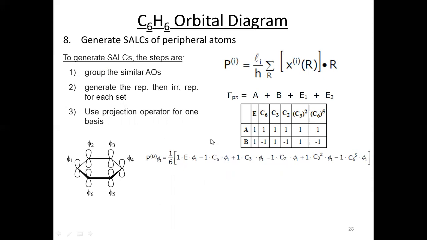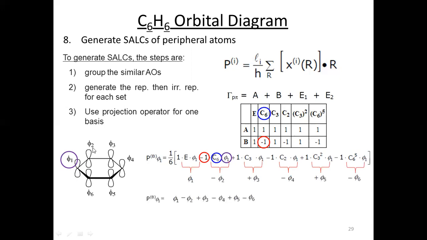Again, I am applying the symmetry operations on phi1: E on phi1, then C6 on phi1, it will move to the phi2 position. In the same way, considering the symbols, if I combine it, I will get the answer phi1 minus phi2 plus phi3 minus phi4 plus phi5 minus phi6. This is my second symmetry adapted linear combination, for the B orbital.